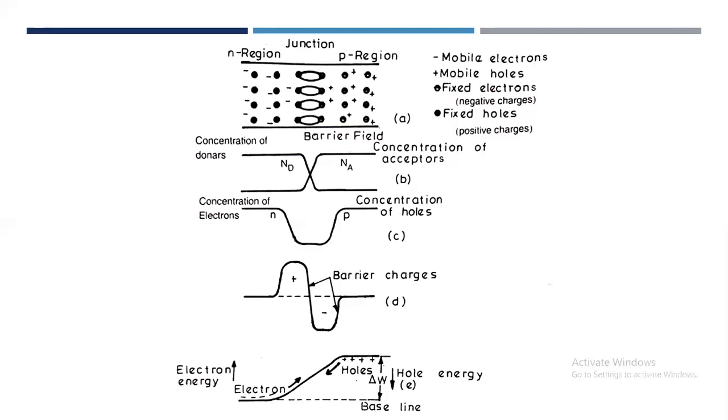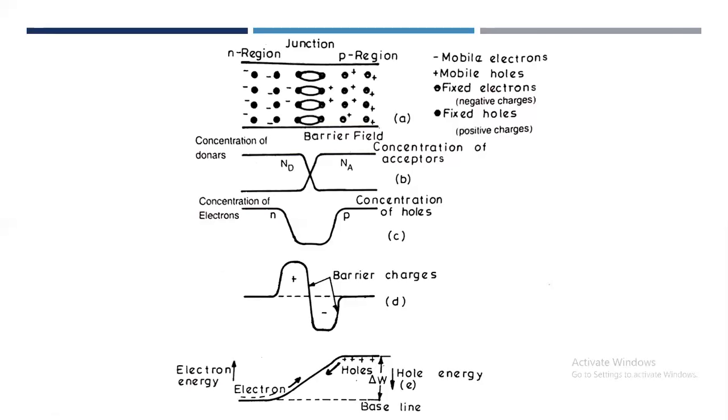What about the energy? The energy levels during this process are shown in figure E. The energy required to move an electron from the N region toward the P region varies with position. As electrons move toward the holes, the energy required increases, and it requires energy to move from the N region to the P region.